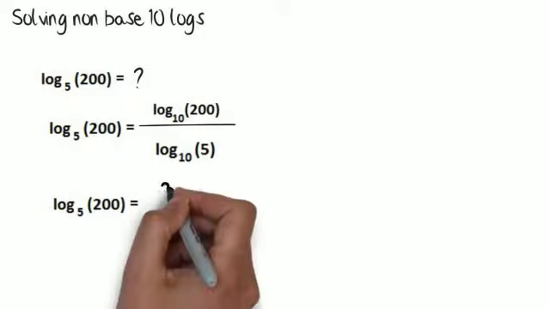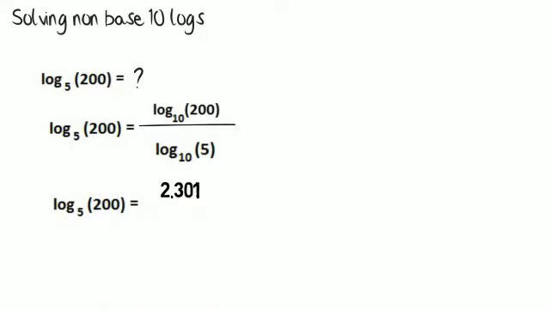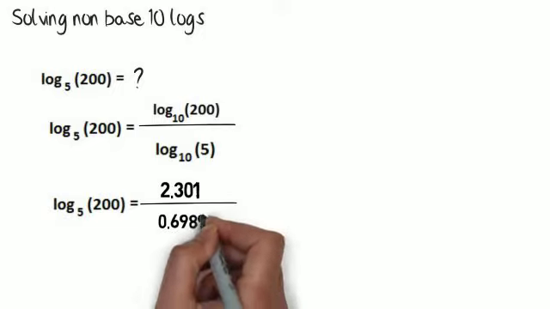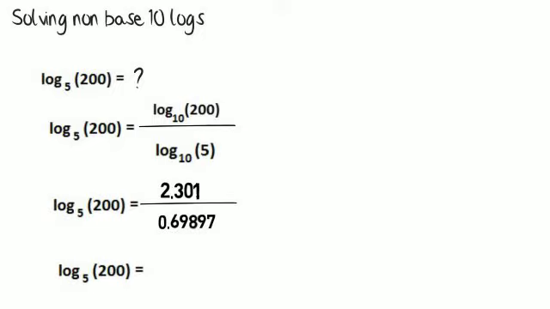In the numerator we get 2.301, and in the denominator we get 0.69897. We just divide those two numbers, and we get 3.2919.